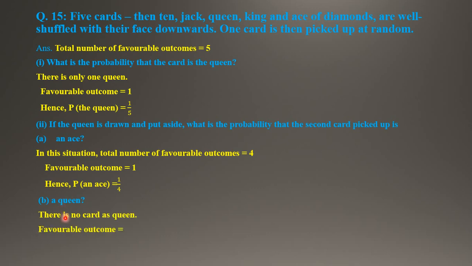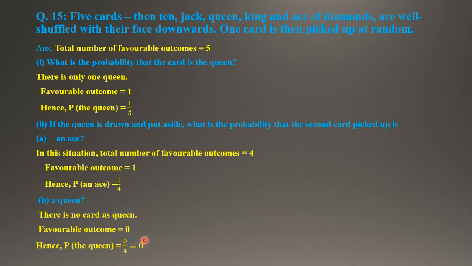There is no card as queen because we put the queen aside. Hence favorable outcome for this condition is 0. Therefore probability of getting a queen is 0 upon 4, 0. Clear? Now can you tell me what is the impossible event here? What is the probability of an impossible event? Probability of an impossible event is 0. Clear? There is no favorable outcome.